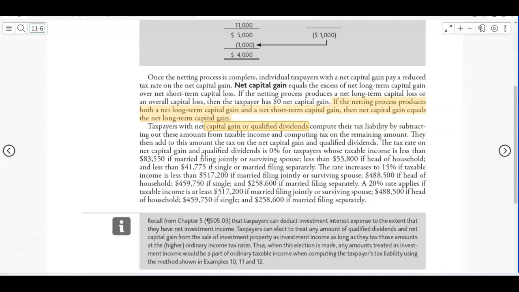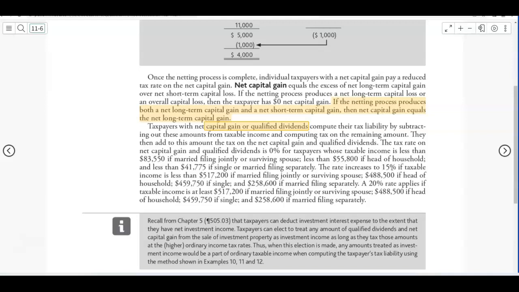The tax rate on net capital gain and qualified dividend is 0% for taxpayers whose taxable income is less than $83,000 for married filing jointly, less than $55,000 if head of household, and less than $41,000 if single or married filing separately.